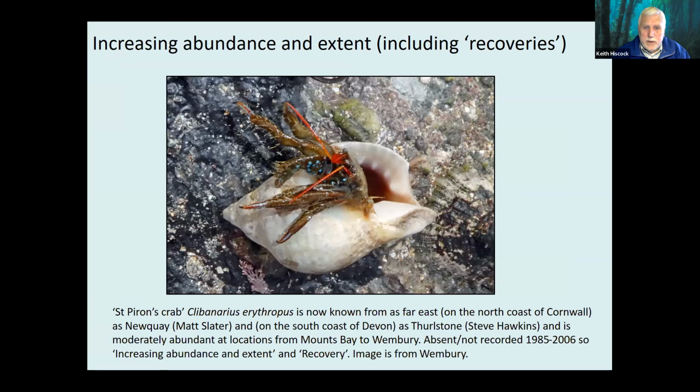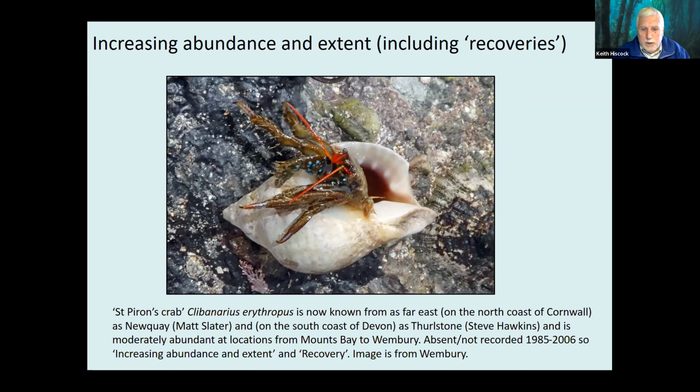So this is a picture of St. Piran's crab, Clibanarius erythropus, which was, of course, given the name St. Piran's crab because it was first found in 1960 in Cornwall. And so, of course, St. Piran was a hermit, just like the hermit crab, and which also has a sort of cross-shaped insignia on its eye.